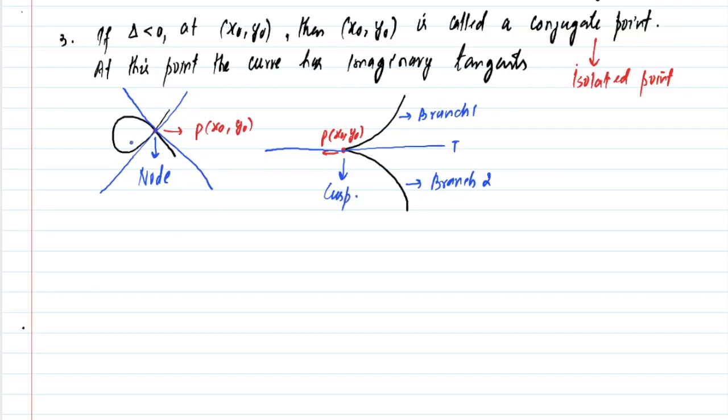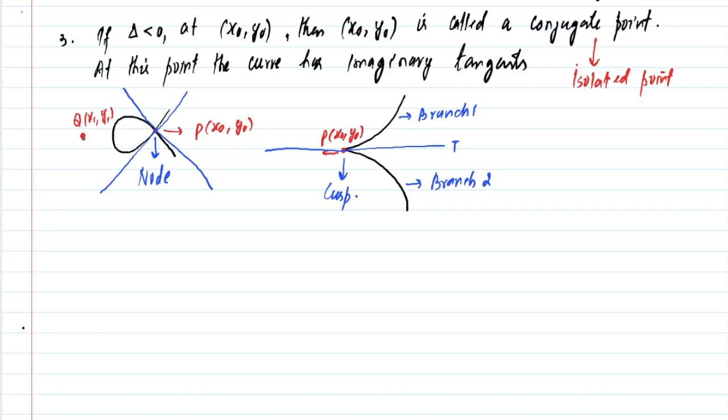Now suppose we have any of these two curves, and we find a singular point which lies here. Suppose this is a point Q with coordinates x1, y1. Now as this point does not lie on this curve, and it is one of the singular points obtained by solving the equations del f by del x equal to 0 and del f by del y equal to 0, whatever lines pass through this curve will not touch this graph at this point.